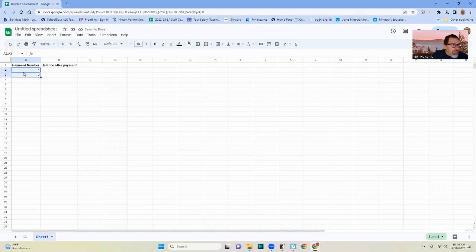So what I did was I put a 1 here, I hit enter, I put a 2 here. So then when you click on this cell and drag, you're selecting those 2 cells. If you come over here, you want to center your data, and there it is. So once I do that, if I choose those 2 cells and then drag down, it will autofill.